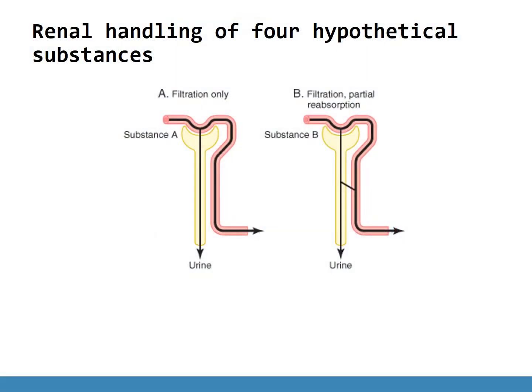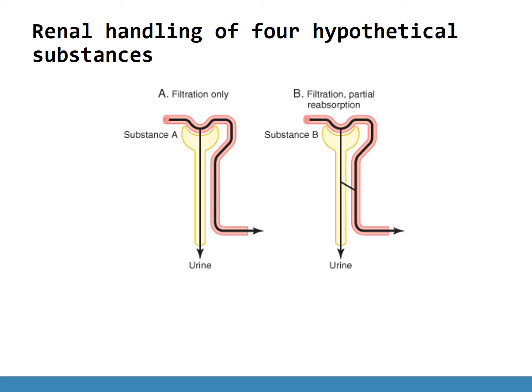Now, after reviewing some basic functional anatomy and some basic factors that regulate GFR, we'll be looking at tubular transport now. Let's imagine four possible scenarios.